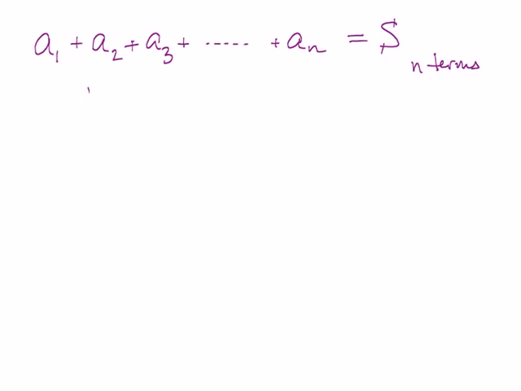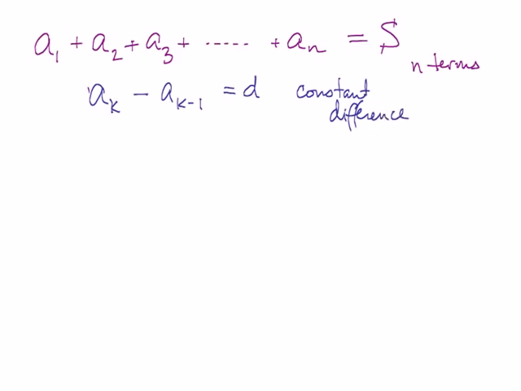This is a sub k minus a sub k minus 1 equals d, for all the k's where you can do this. So it's some constant difference between consecutive terms.